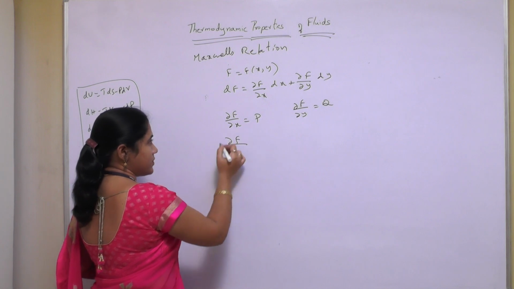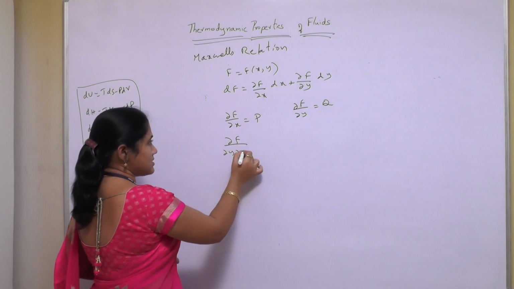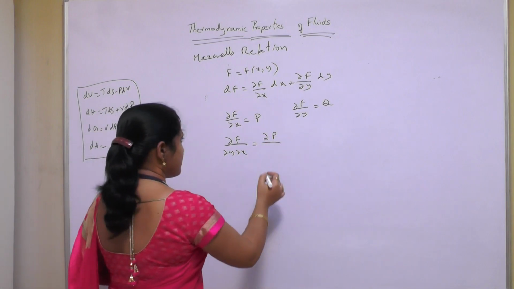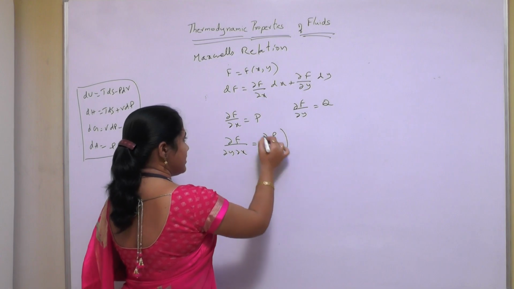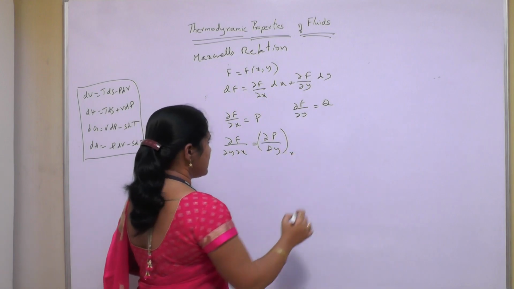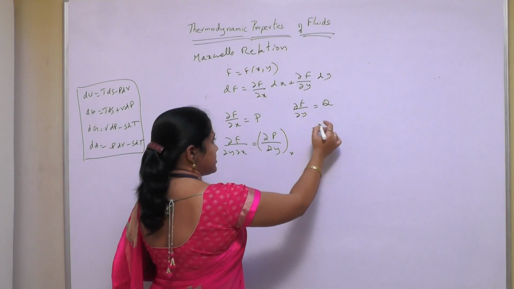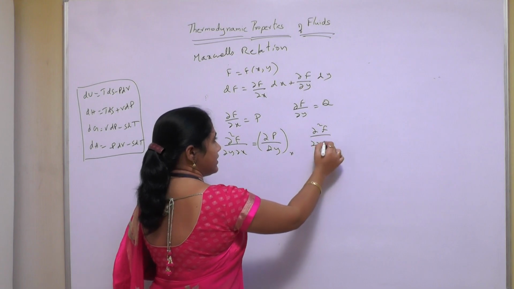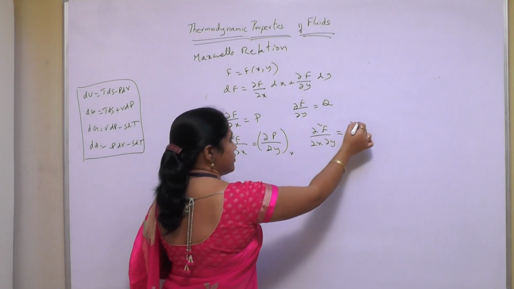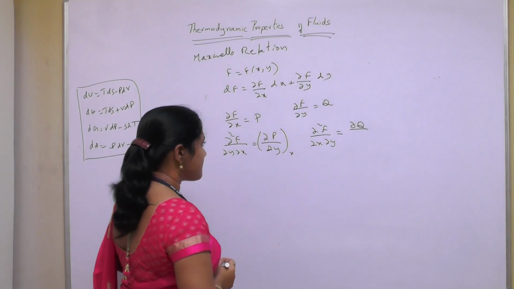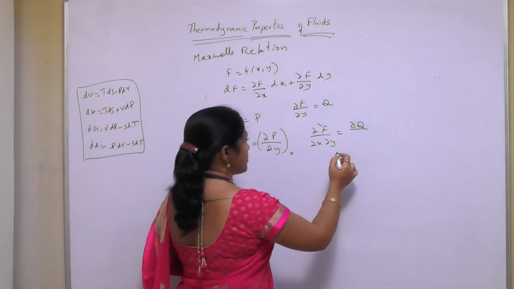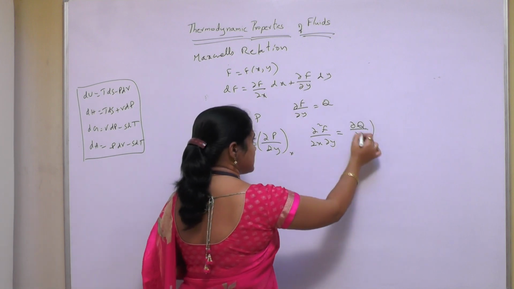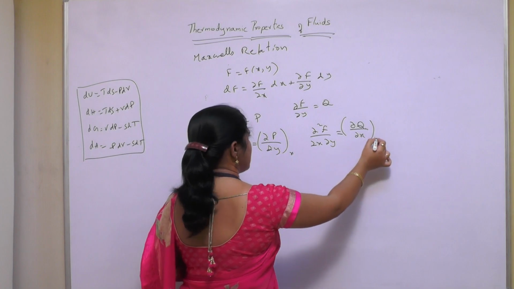if you differentiate with respect to y, ∂²f/∂y∂x equals ∂p/∂y at constant x. Similarly, if you differentiate the other with respect to x, ∂²f/∂x∂y equals ∂q/∂x at constant y.